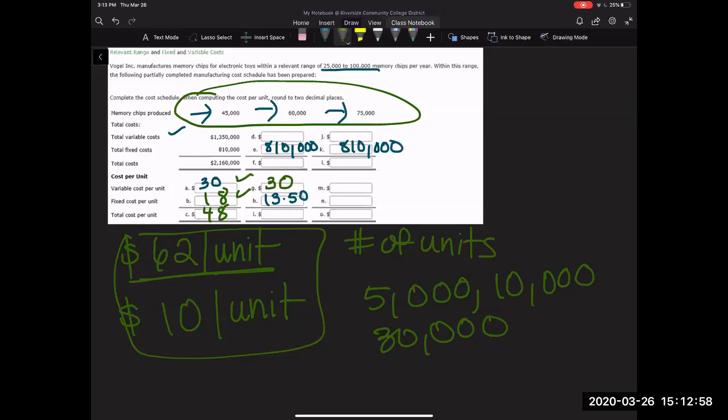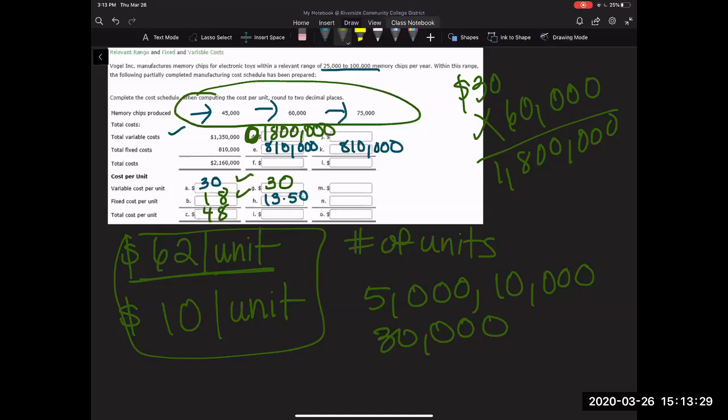Now what I can do is work backwards to figure out what number goes here, which is my total variable cost. If I did $30 times the number of units I produced, which was 60,000 units, my total would be $1.8 million. That's how I would come up with my total variable cost, $1,800,000. Okay.